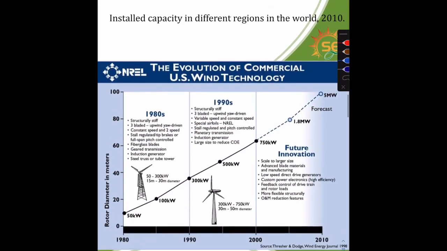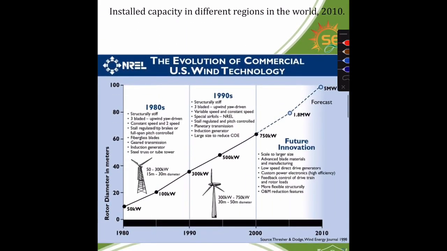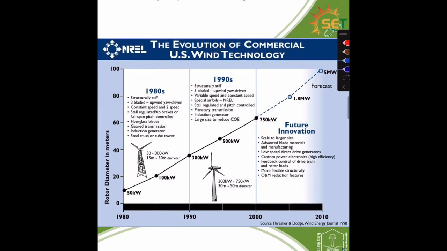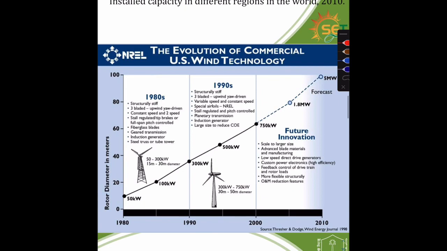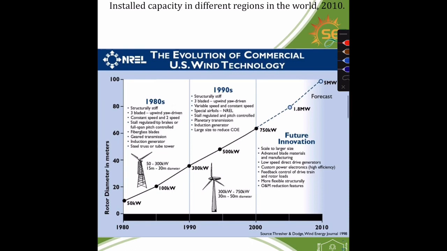Moving forward, we have the evolution of commercial US wind technology. As we can see, in 1980, we used to have a turbine with a truss, and it used to actually produce 50 to 300 kilowatt with a diameter of 5 meters to 30 meters.